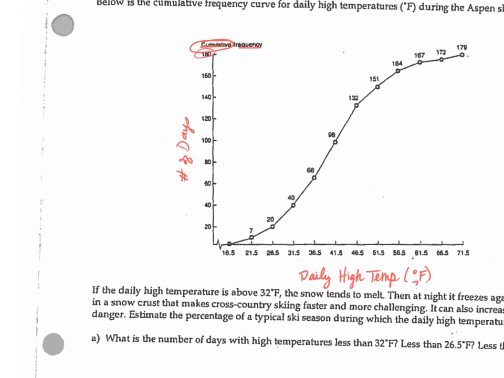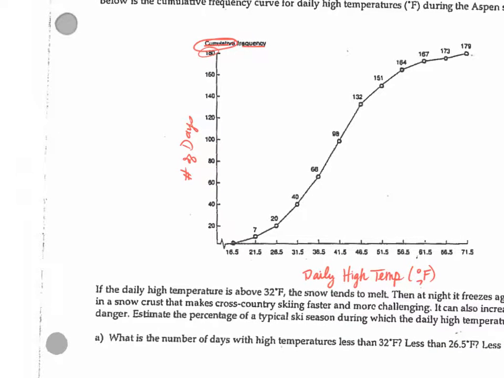So how can I find it? Let's go ahead and do that. Let's find Q1, median, and Q3. How can I do that? Okay, cool. So we want to find what? First, let's find 25% of 180. And that is 45. So the 45th day is where you will find your answer.